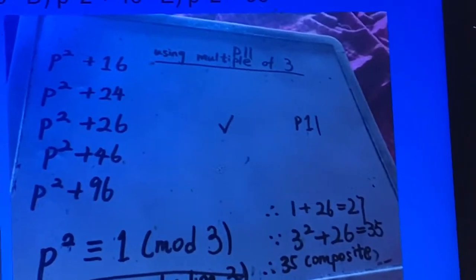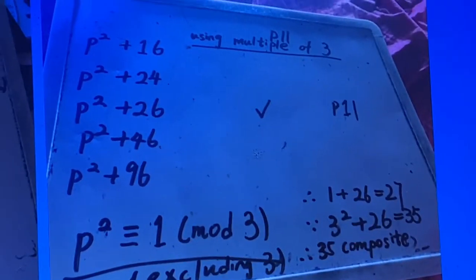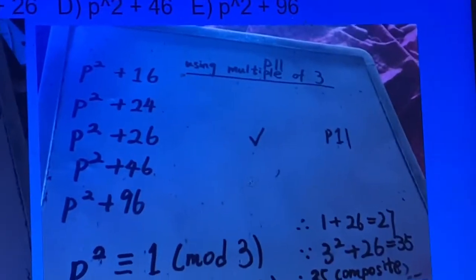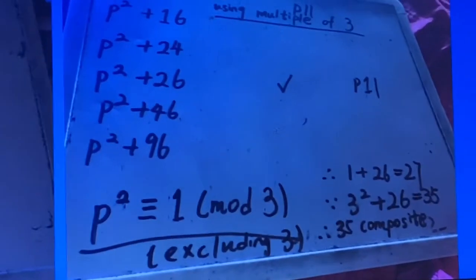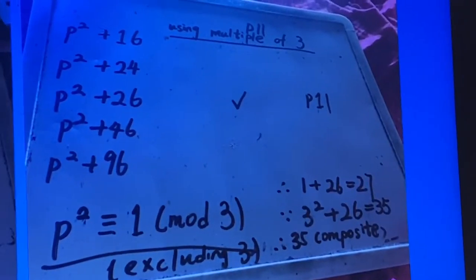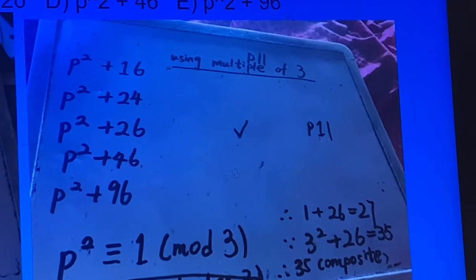Let's use this. For this solution, we need to deduce that we need to use multiple of 3 as the weapon to help us get the problem. Since we know they are odd numbers, multiple of 3 can easily find whether they can be prime number or not.